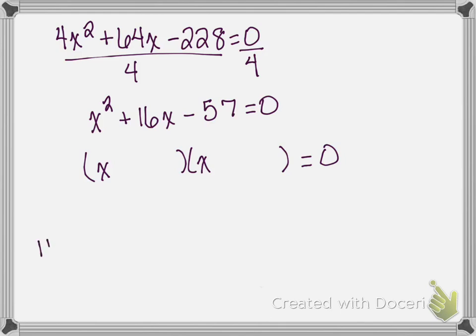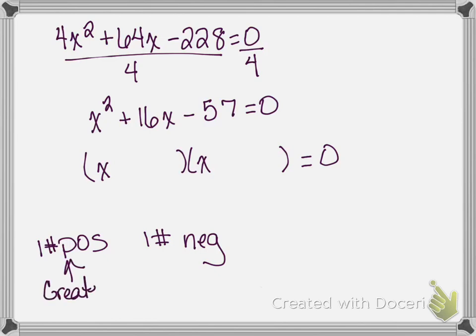So one number is positive, one number is negative. The greater absolute value has got to be positive. I'll tell you that 3 goes into 57. So divide negative 57 by 3 and see if that works. Does 3 work? Yes.